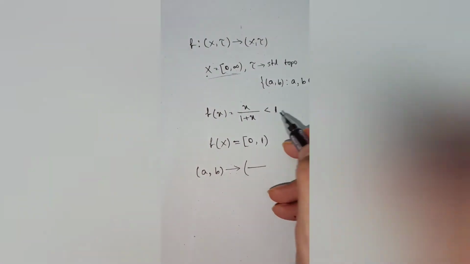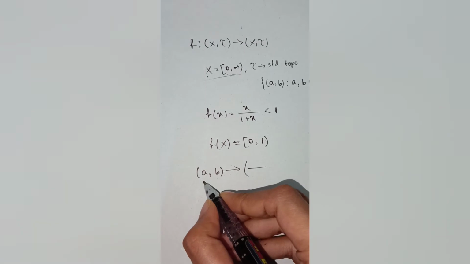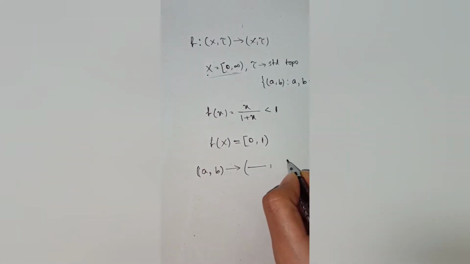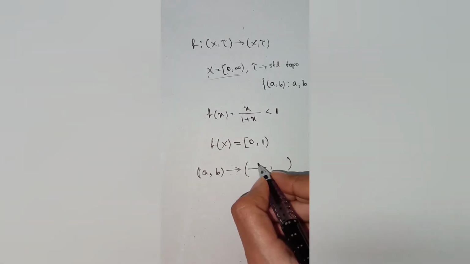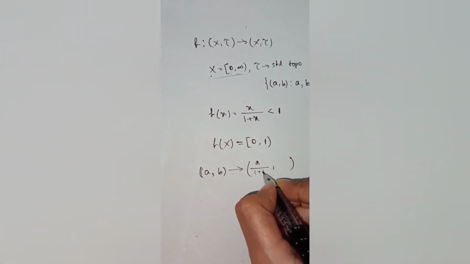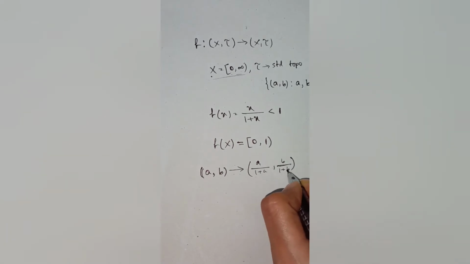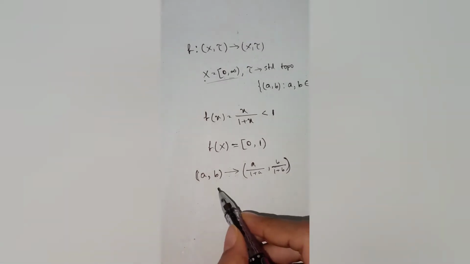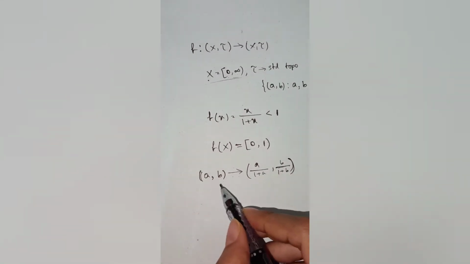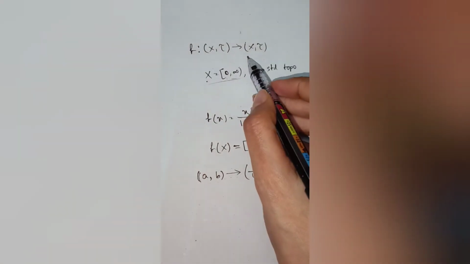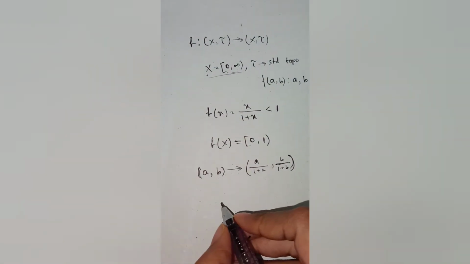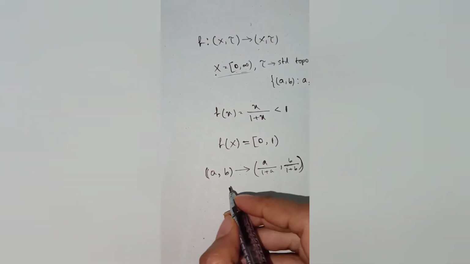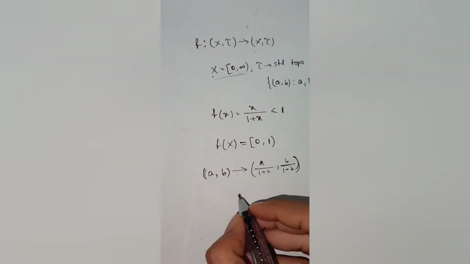Since this function is monotone, this open interval is mapped into another open interval, which is (a/(1+a), b/(1+b)), something like this, right? So the f image of this open interval is also an open interval in (X, τ), but there exists at least one closed set in (X, τ) which is not mapped into a closed set.